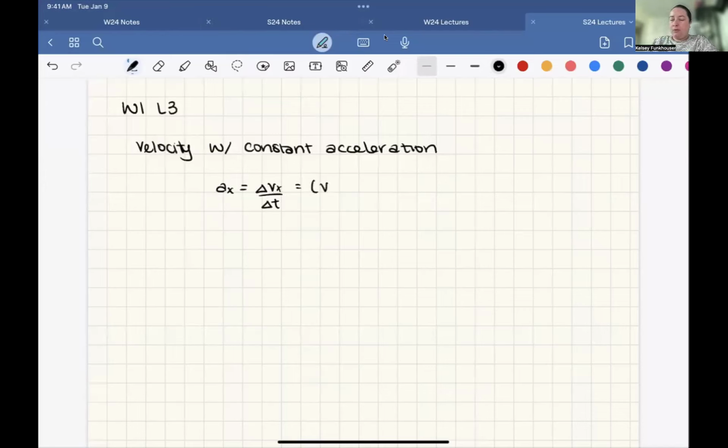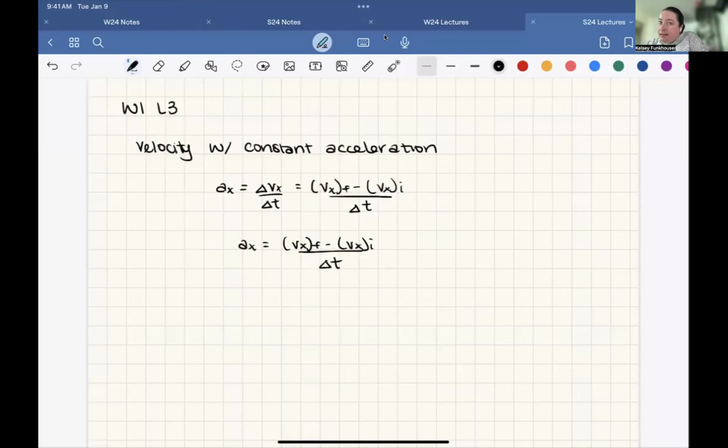We remember that the change in velocity is the final minus the initial velocity, all over the time interval. So we have a_x equals the final velocity minus the initial velocity over the time interval.